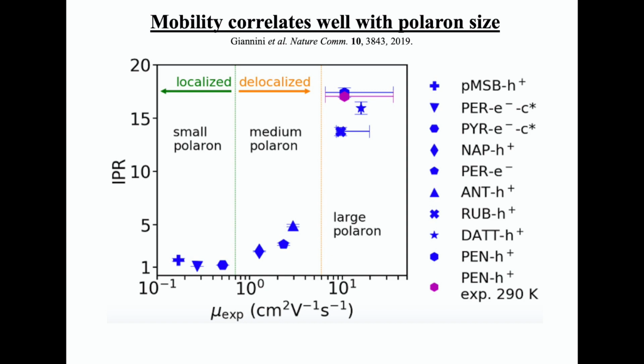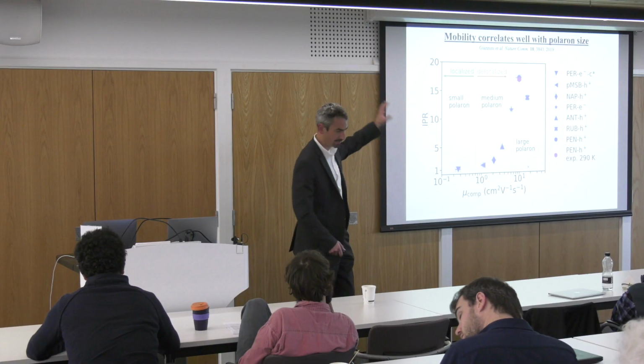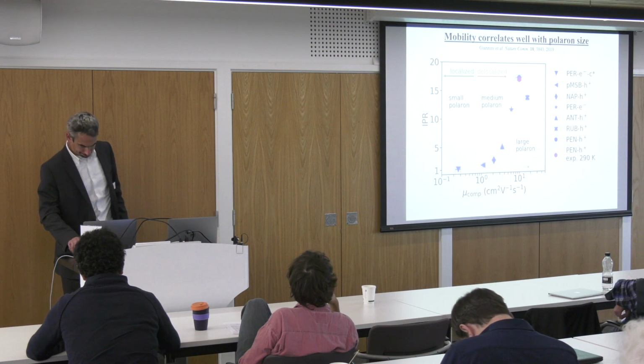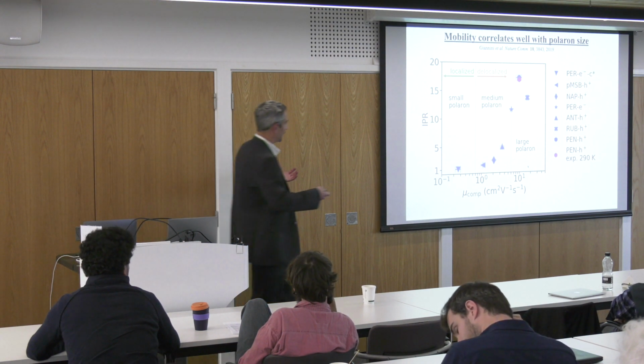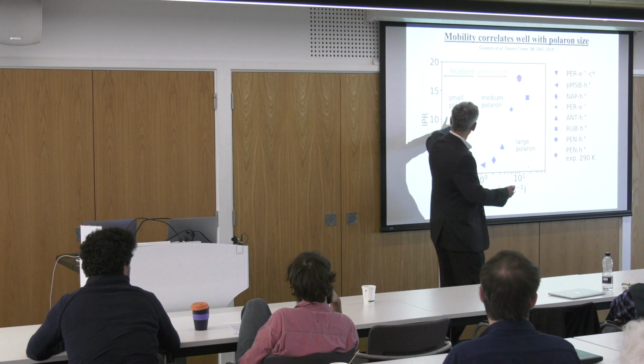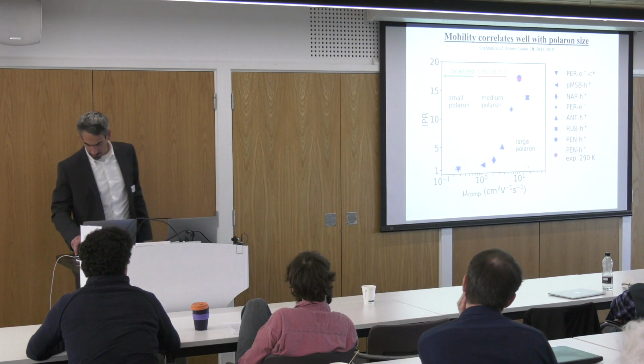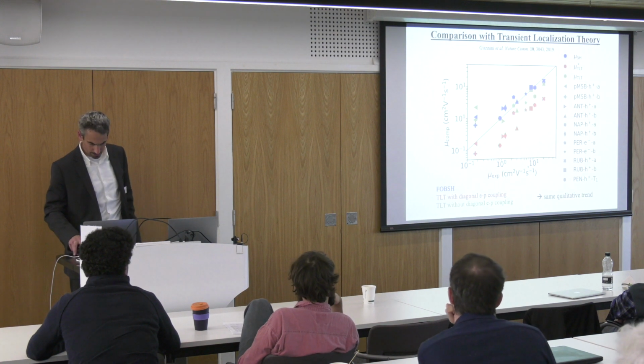This X in green is certainly a bit fortuitous, but it is an indication that we are doing the right thing. Combined with the mobilities, what we see is that this polaron size is up to roughly 20 molecules, all at room temperature.